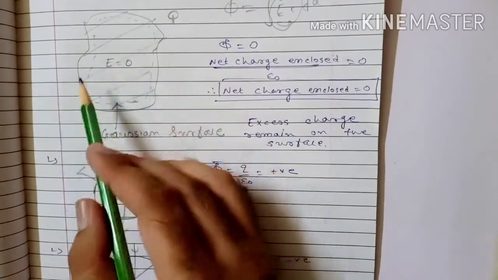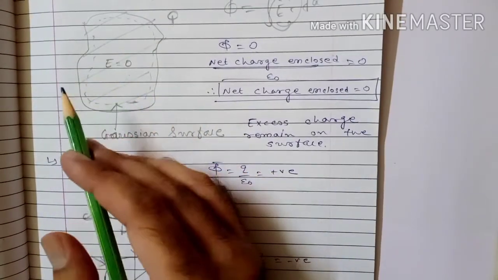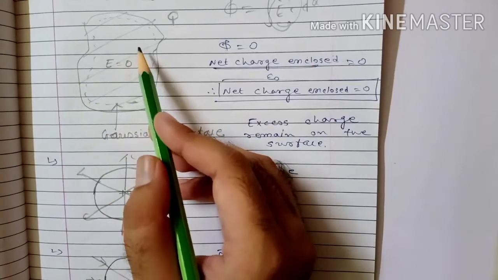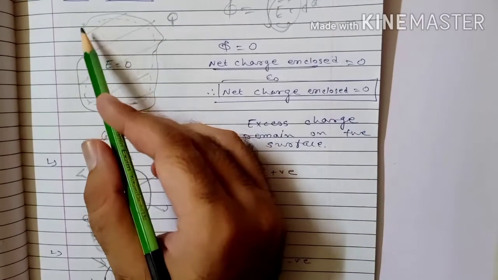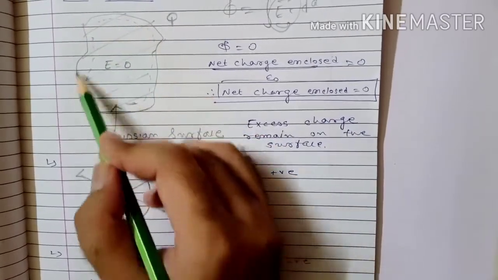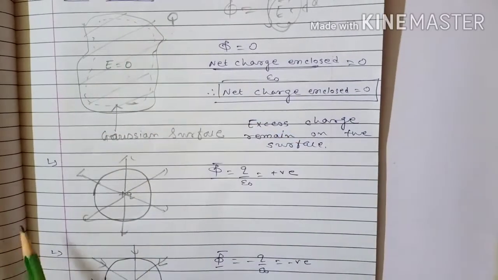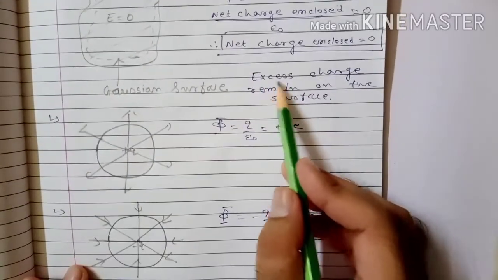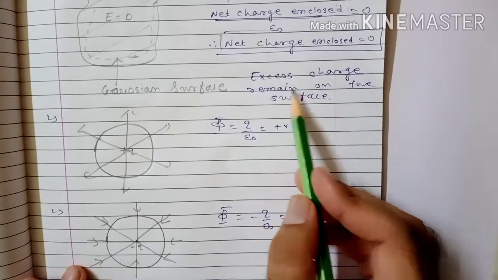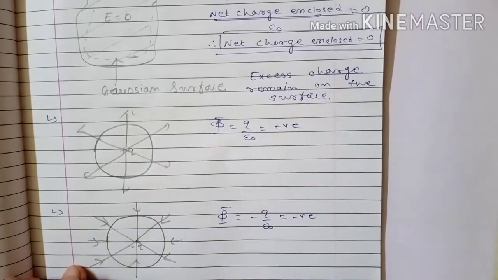Here there isn't any net charge; the number of positive charges is equal to the number of negative charges. Excess charge remains only on the surface of the conductor.